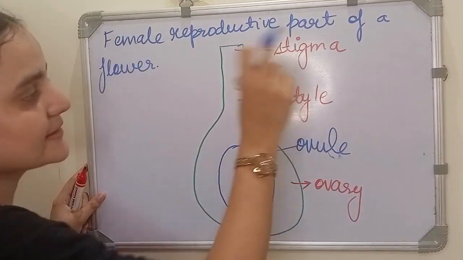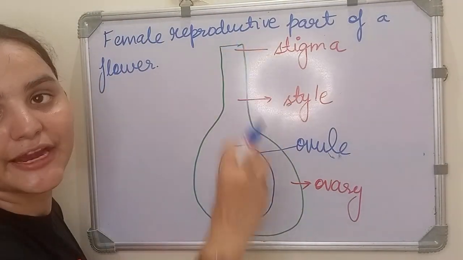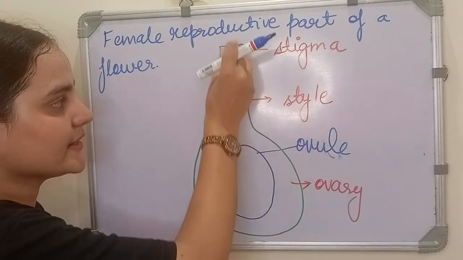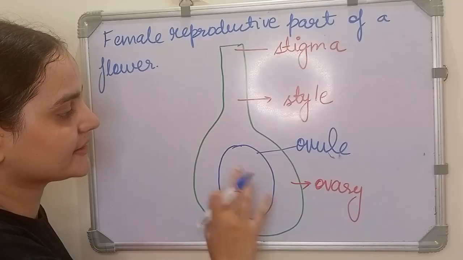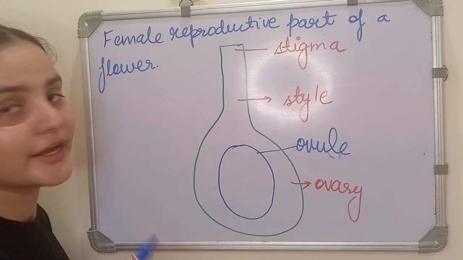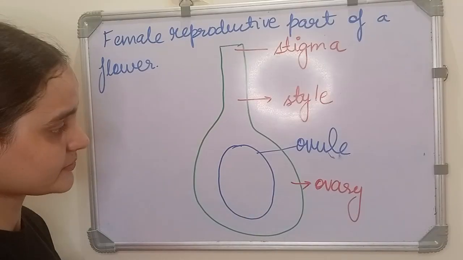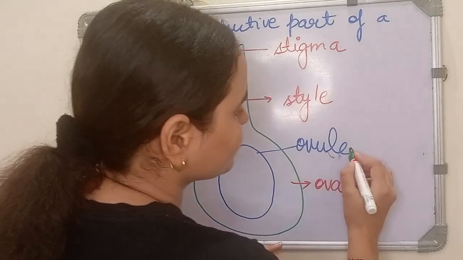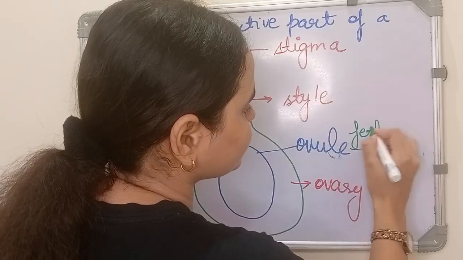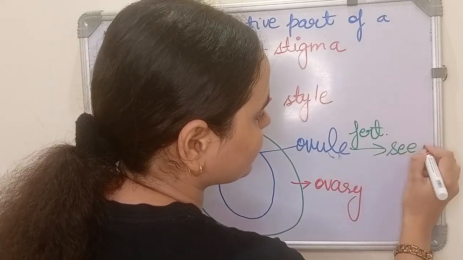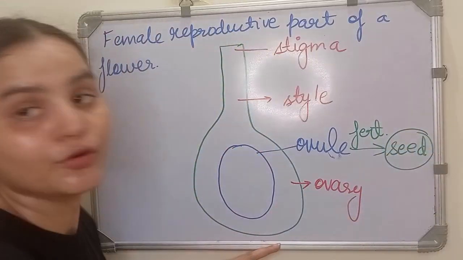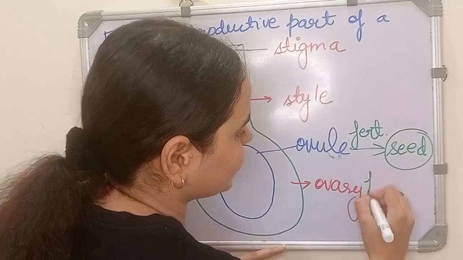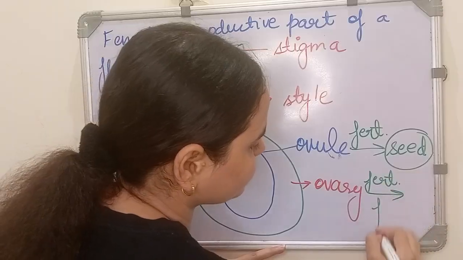This stigma acts as a site for the landing of the pollen grains, and through the style the pollen grain elongates and it reaches the ovule. Now here we have to note that this ovule after fertilization forms seed, and the ovary after fertilization forms fruit.